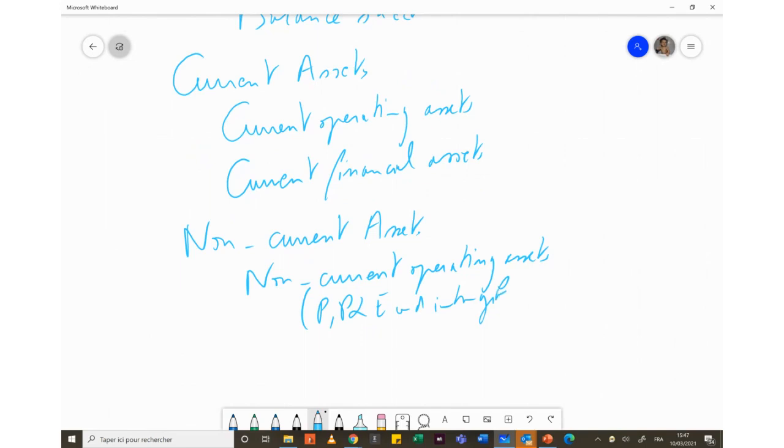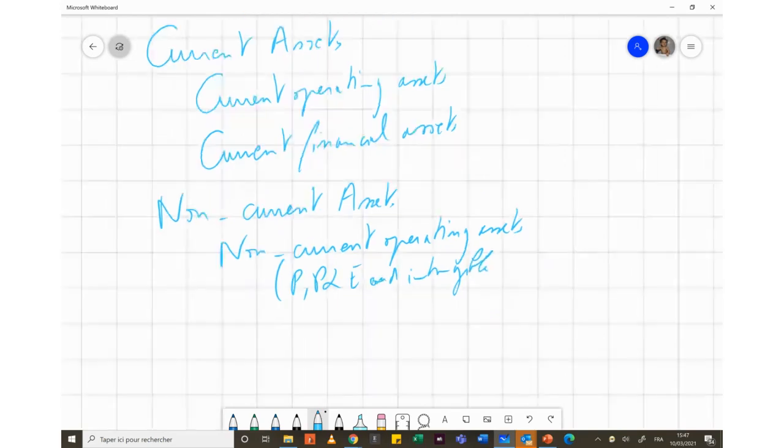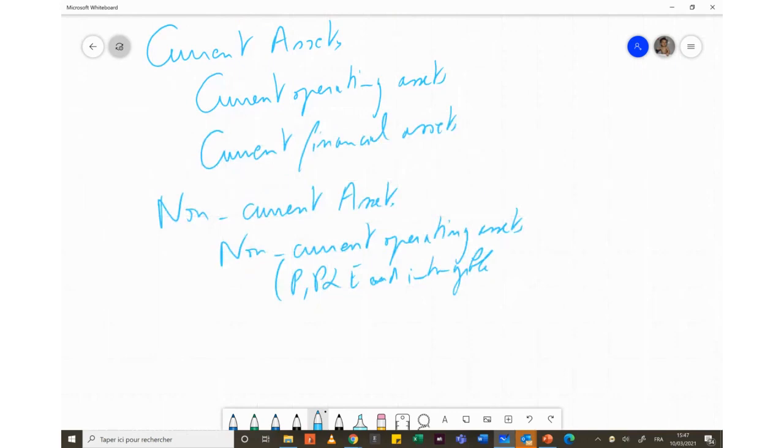In the Vietnamese GAAP, you put also accounts receivable for more than 1 year, many things that are for more than 1 year. But under IFRS, if it's accounts receivable, it's in the current assets. So the presentation is different under Vietnamese GAAP and IFRS, because in Vietnam you separate current and non-current because of the 1 year.